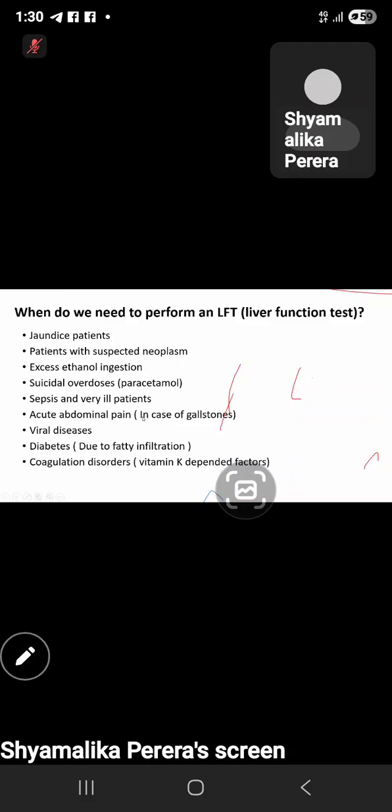Then viral disease like hepatitis, diabetes due to fatty infiltration, then coagulation disorders, because certain coagulation factors, the vitamin K dependent factors, are produced by the liver. So if coagulation disorders appear, it's better to check whether the patient's liver is functioning normally or not.